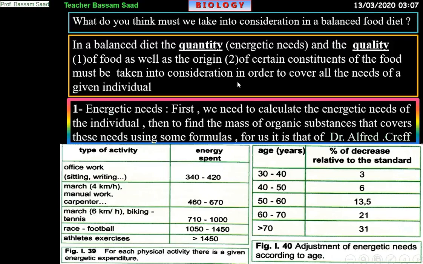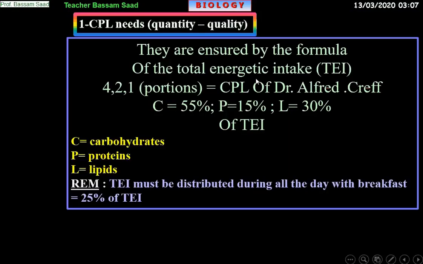Once you find the mass of carbohydrates this individual must eat, he is not free to eat any sugar, like bringing two kilos of sugar and eating them in the evening. No, it's not like this. Once you find the mass of proteins also, you must calculate the mass of proteins from each origin, from animal and from plants.